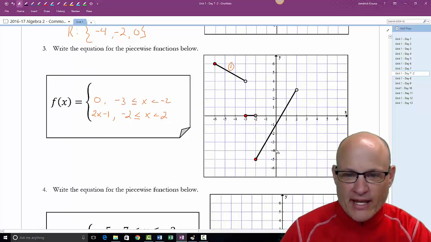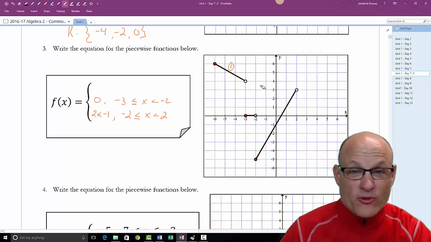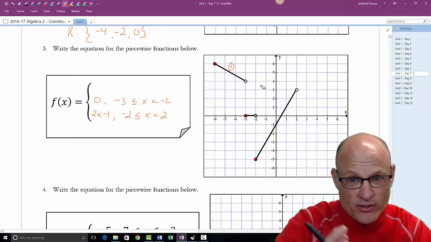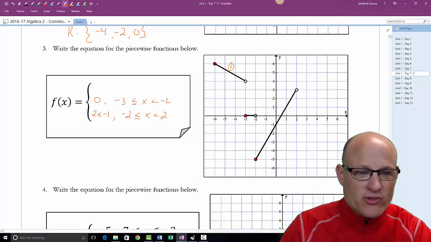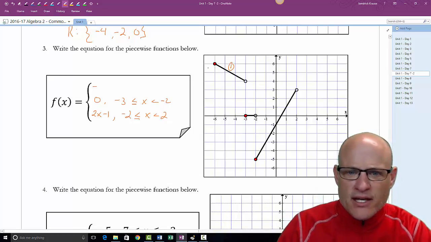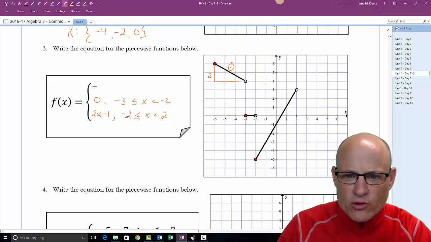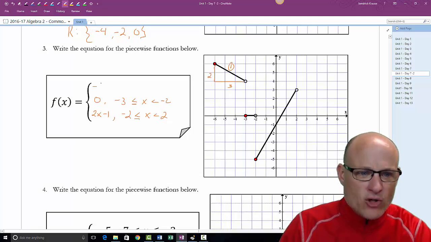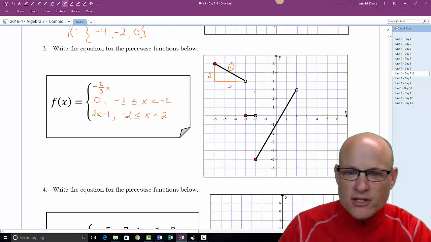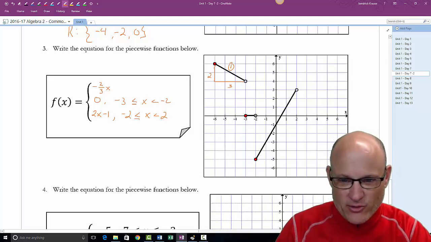One's a little bit more challenging. I can do the slope. First of all, it's coming down, so it's negative. So I know the slope is negative. And it's going down 2 and over 3. So my slope is -2/3 x. Now, I got to figure out what the y-intercept is. So if I go down 2 and over 3 again, it would end up there.